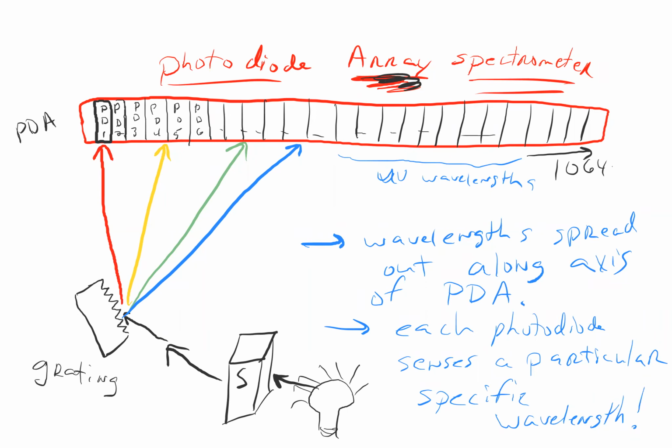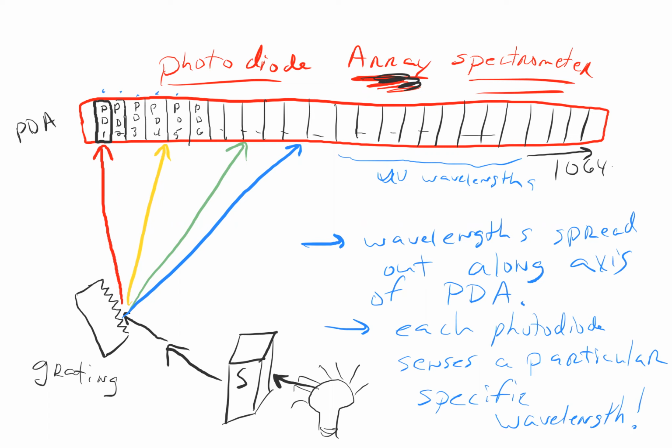Each individual photodiode senses a specific wavelength. Maybe it's just 1 or 2 nanometers wide, but each photodiode can act as its own independent light detector. And each photodiode senses a very specific, very narrow wavelength range, independently from the others.